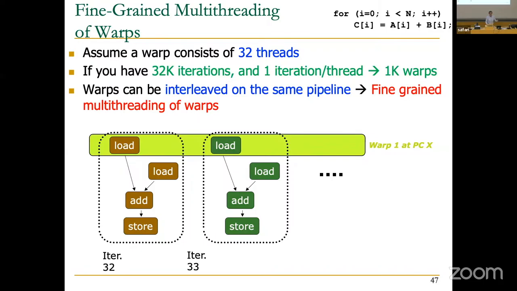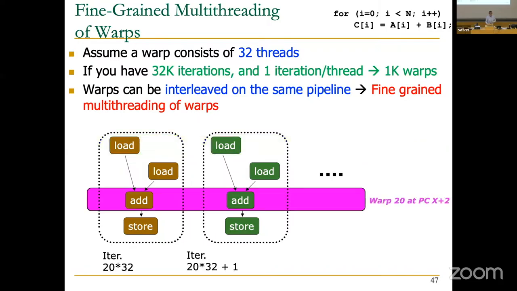But if someone tells you, for example, you have warp 20 at PC X plus 2, you can actually calculate which iteration it is executing in the scalar code. Basically, we've divided 32K iterations. We have 1,000 warps. Each warp consists of 32 threads. Warp 20 should be at iteration 20 times 32.